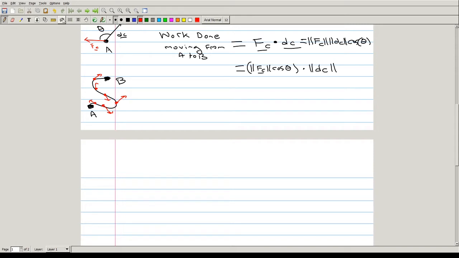So initially this seems like possibly a very complicated thing, but we can just define this curve as the curve C.